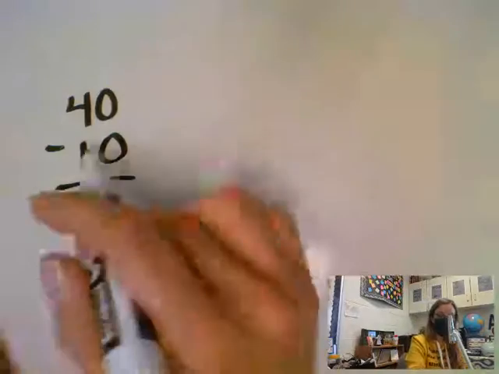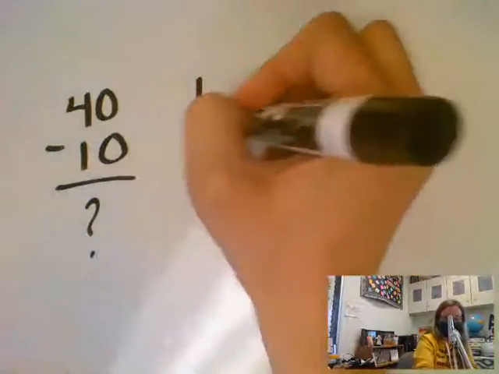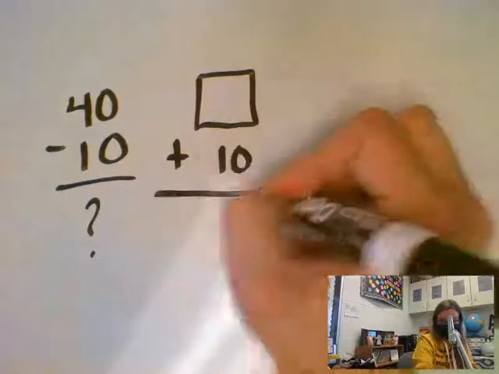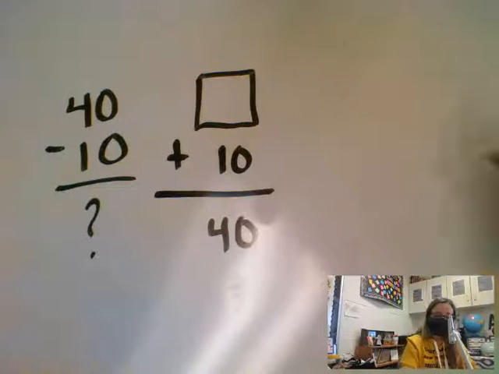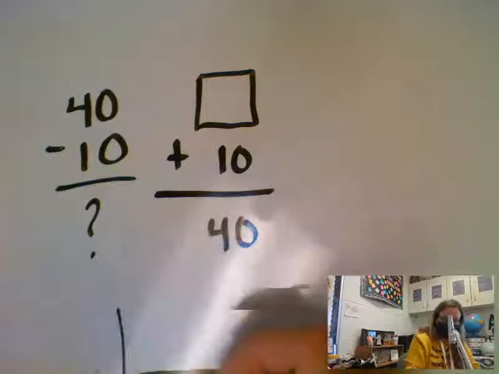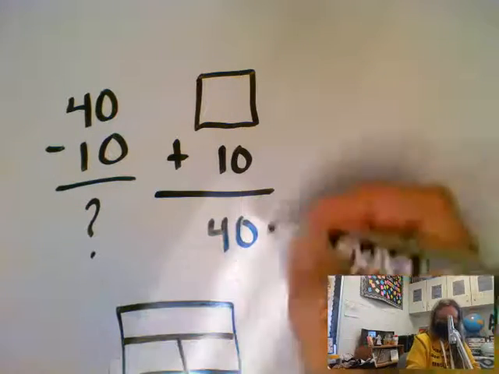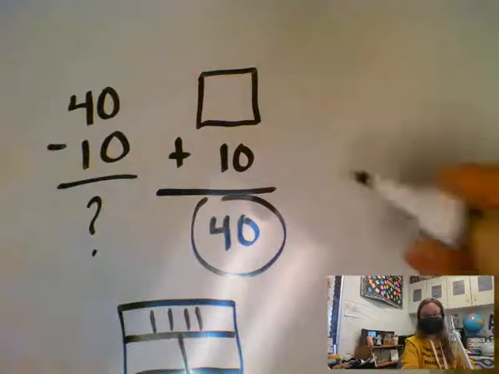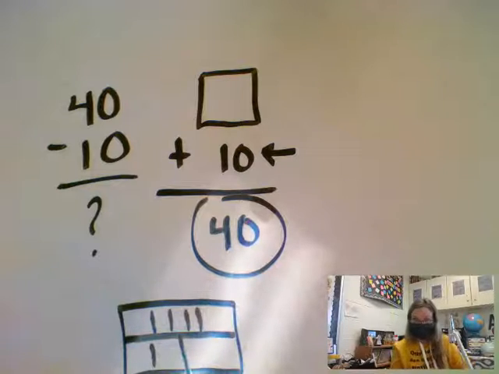So I've got 40 minus 10, and I'm trying to figure out this missing number here. And then they're saying, okay, what number plus 10 would get you to 40? So we're trying to figure out that missing piece. So if I draw out here our part whole box, I know that my whole is 40, 10, 20, 30, 40. And I know that one of my pieces or parts is 10, so there's my 10.